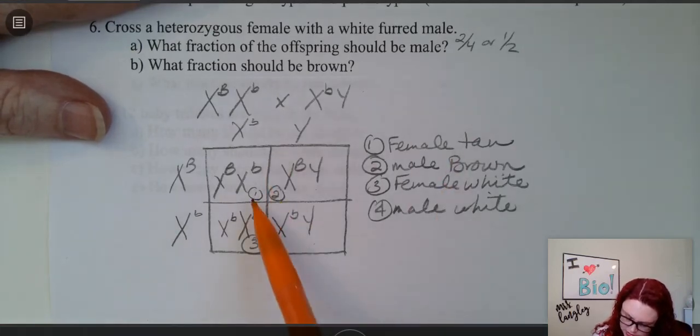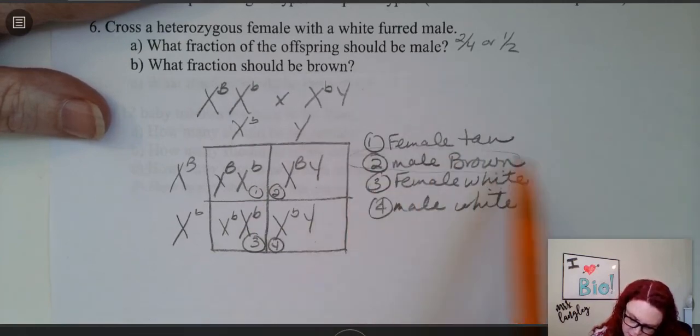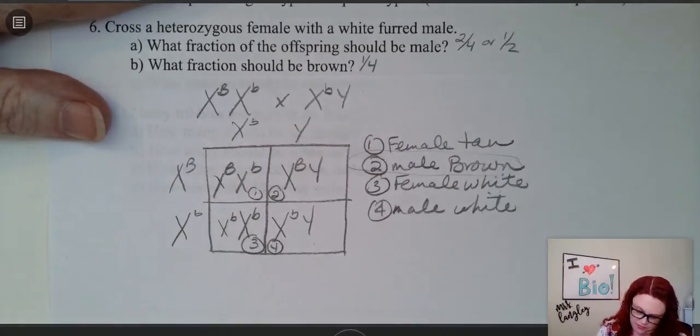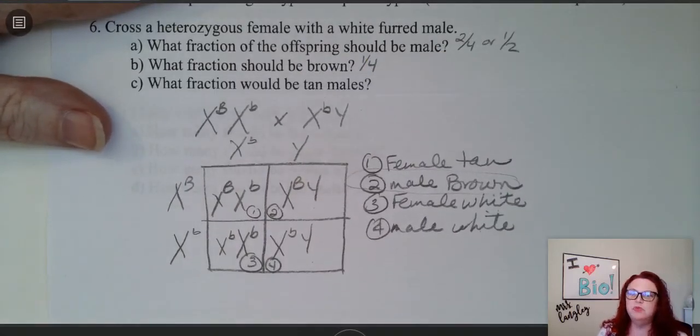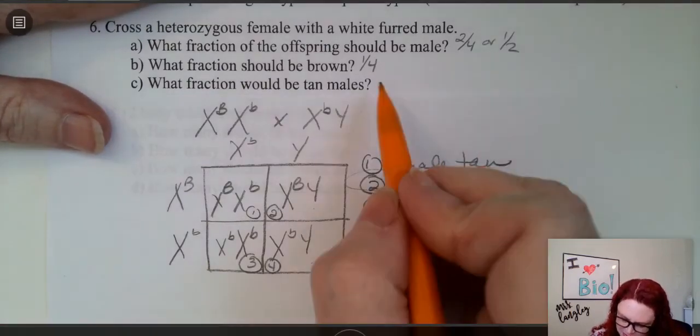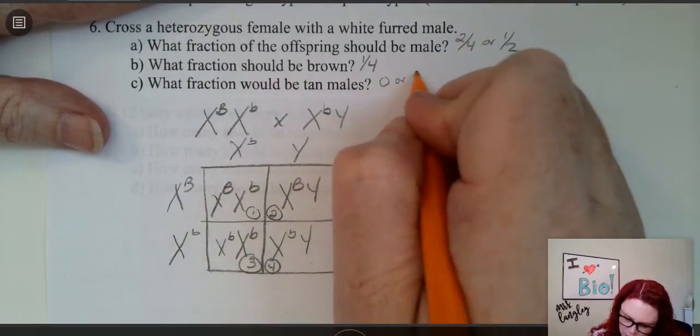Okay, so this one, we have tan, brown, white, white. So we only had 1 out of the 4. What fraction would be tan males? We already talked about tan. You have to be heterozygous. Males can't be. So that's 0 or 0 out of 4.